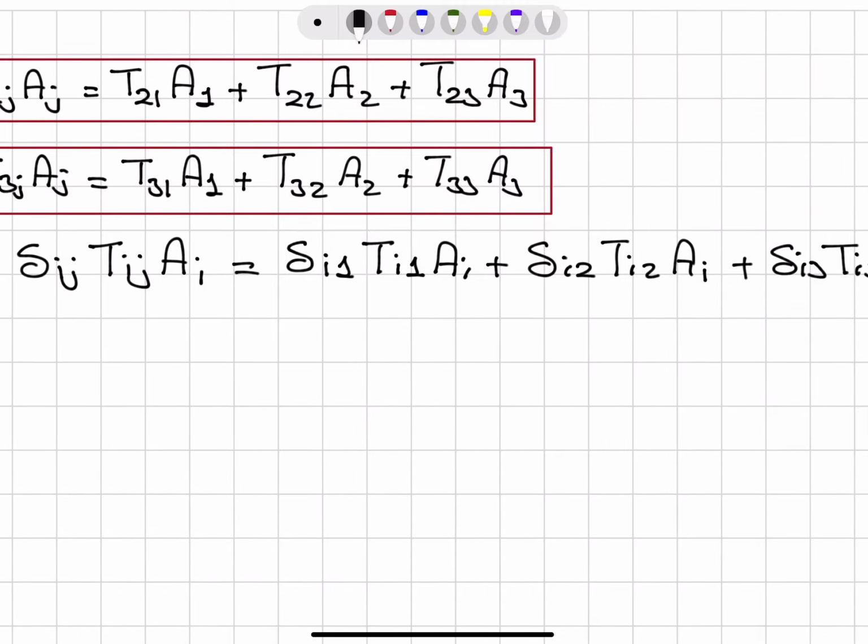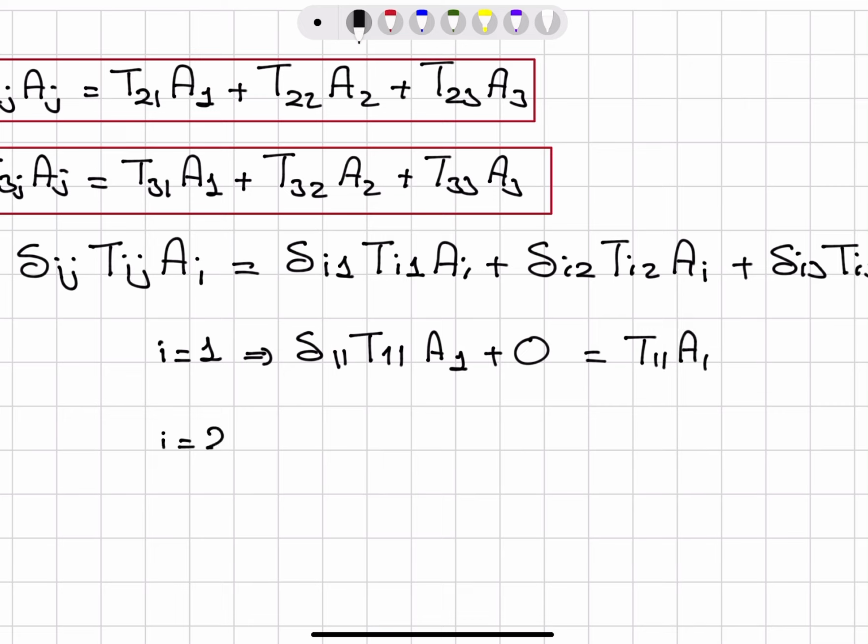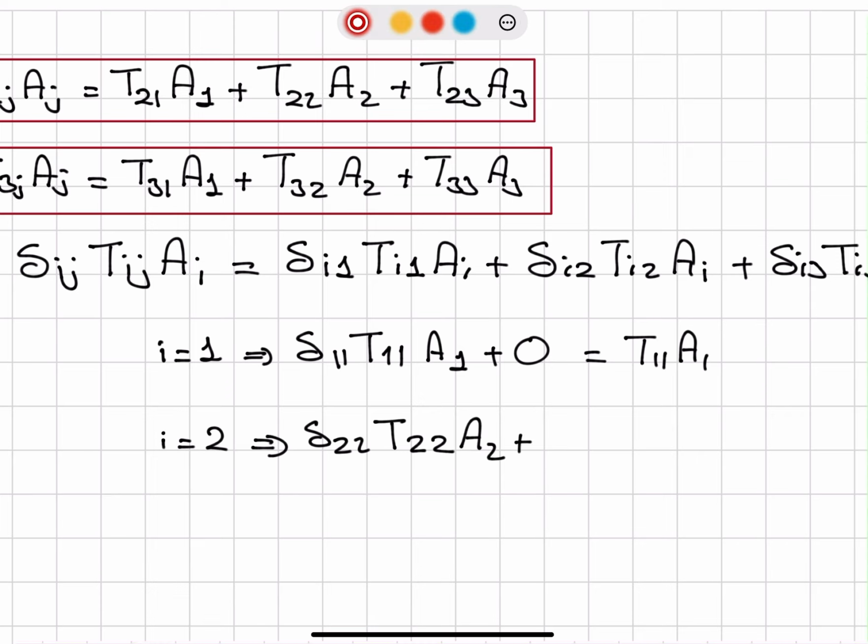Okay, so let's look at the i equal to 1 case explicitly. This will give us delta 11 T11 A1. All the rest will be 0 because i is not equal to j, and this means it's T11 A1 for i equals 1. For i equals 2, we will have delta 22 T22 A2, this term. The rest will be 0 because i is not equal to j.